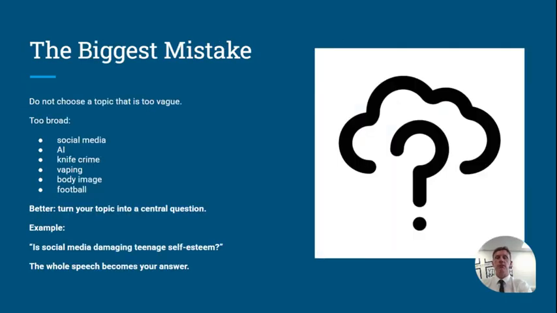Now, I want to go through some mistakes that students can often make. Probably the biggest mistake that students make is choosing a topic that is just too broad and too vague. So I will hear students say they want to write about social media or football or knife crime or AI or vaping or body image or whatever it might be.